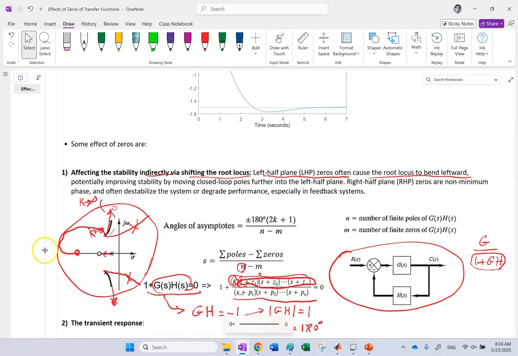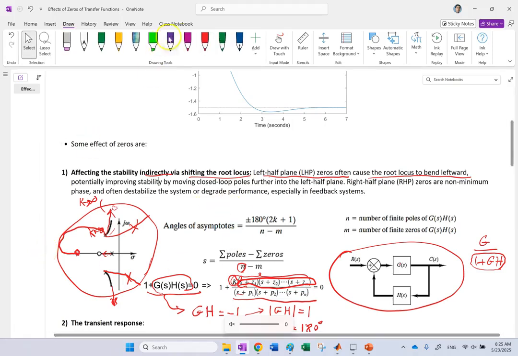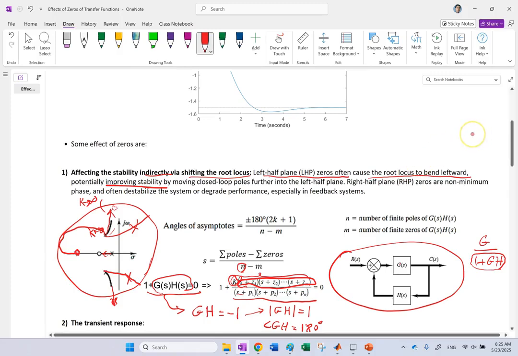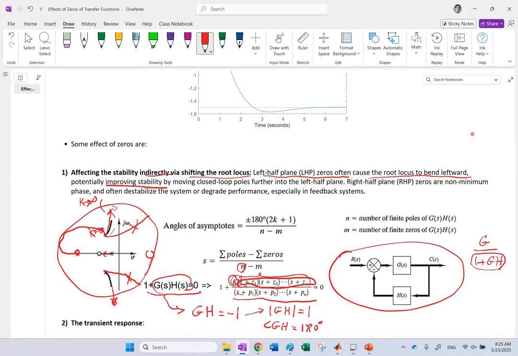Because of that, more of the poles of the system for different gains will end up on the left side, which means the system will have improved stability. This is the effect on the left hand side poles. On the other hand, if your zero ends up on the right hand side, because everything should end at the zeros, one of your branches should come here, and clearly that branch will end up on the right hand side.